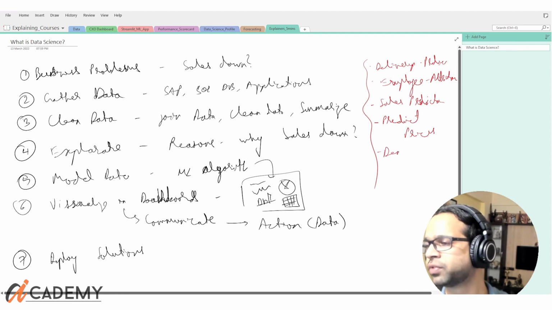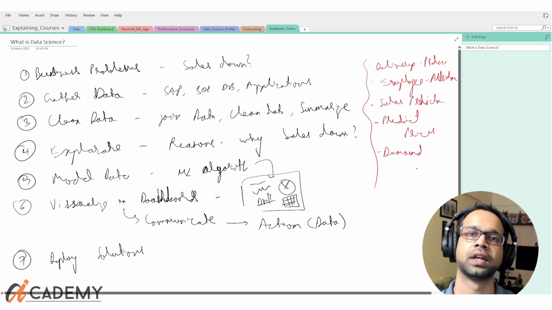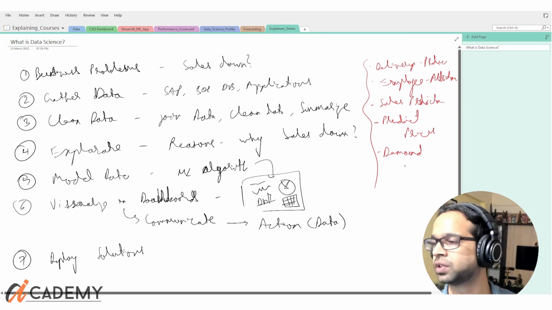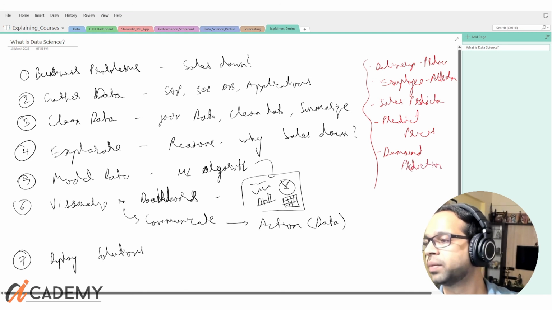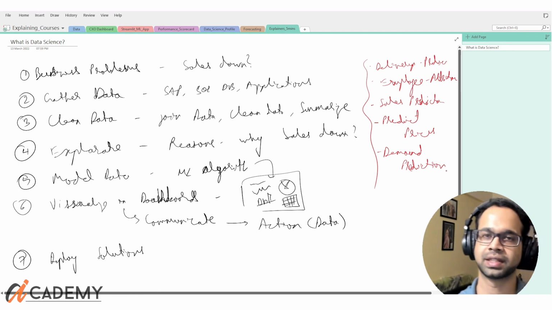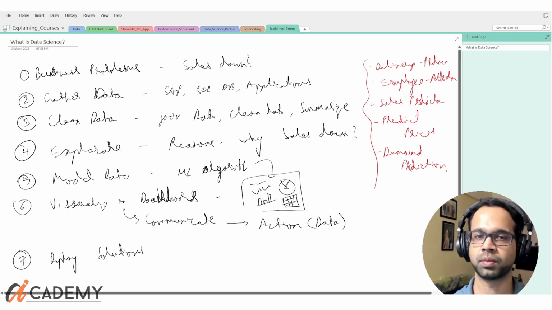You can do demand forecasting in retail and know what products are going to be consumed or in demand in the retail store. So you can do some demand predictions. So yeah, these are the areas in which you can apply data science and reap the benefits of applying such wonderful techniques or algorithms to get to a solution to your business problem.